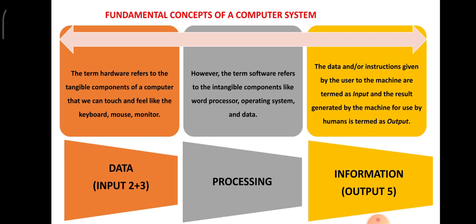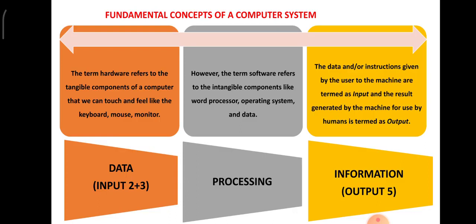Now the data and or instructions given by the user to the machine are termed as input, and the result generated by the machine for use by humans is termed as output. Below I have clearly given you a picture which is data. You are inputting 2 and 3 with the help of the keyboard.